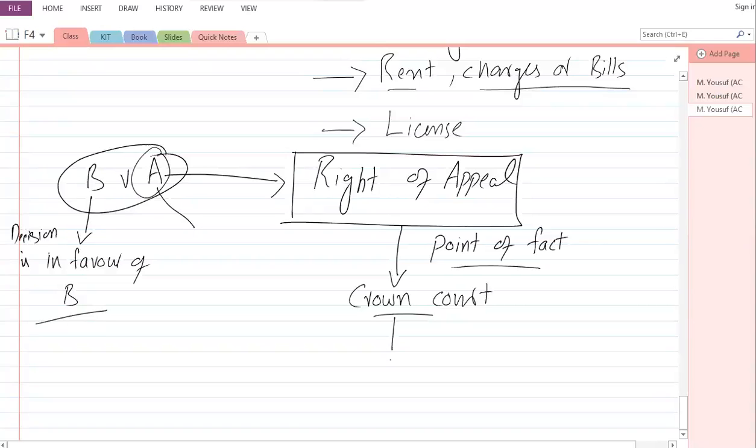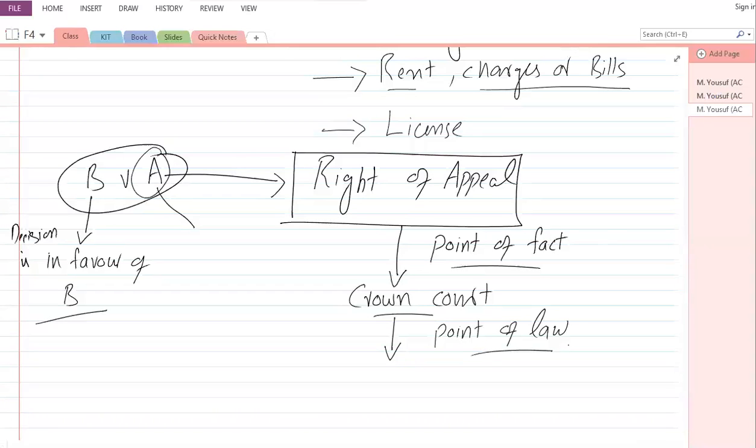But if you are clear on point of fact and you think that the application of law is not correct, that the act's penalties are not correctly applied on me. According to the act, I should be given a level 5 fine, or imprisoned for 3 months, but the judge gave me imprisonment of 6 months, so this is not the right application of law.